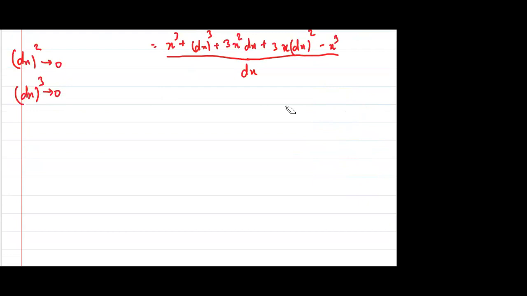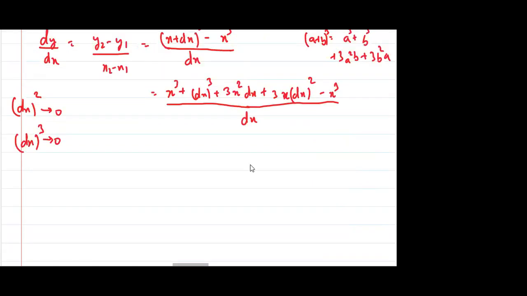But here there should be something to compare. So this and this will get cancelled. Now dx cube and 3x dx square, I'm comparing with this term.